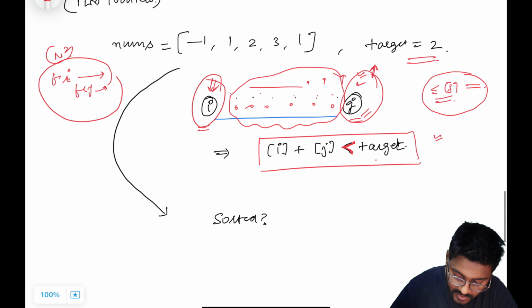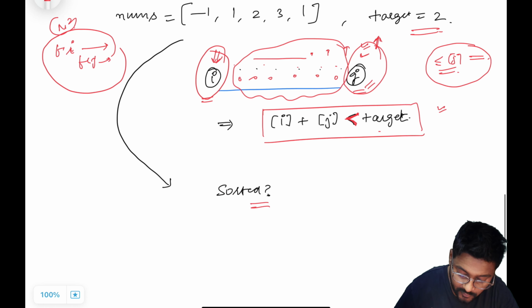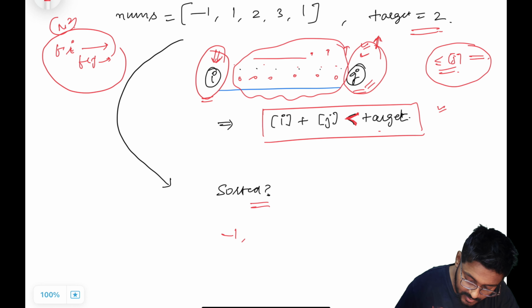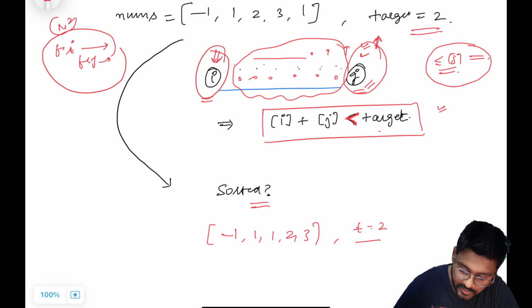So here, let's try to sort this array. -1, 1, and then again 1, 2, 3. In this case, my target value is 2.